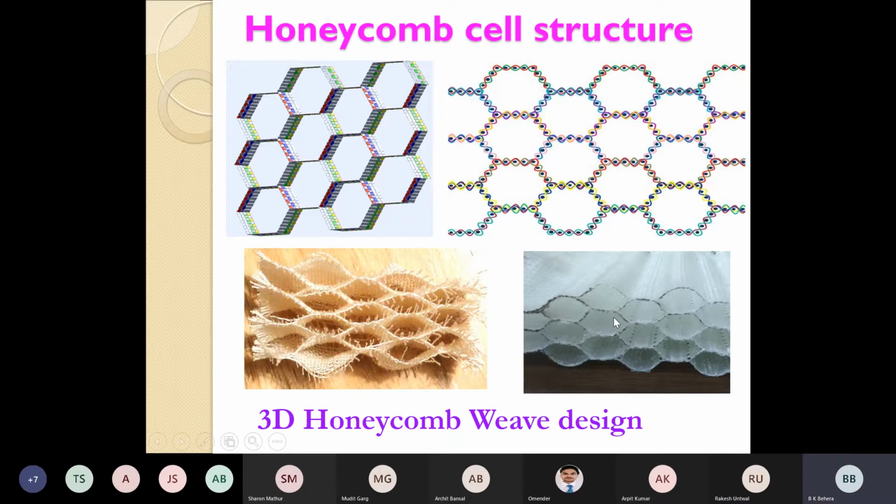And this is produced on a 3D weaving machine. It has a lot of technical details. Maybe if I get time, I'll take this later. Remember, this also belongs to spacer fabric because it is a hollow structure.